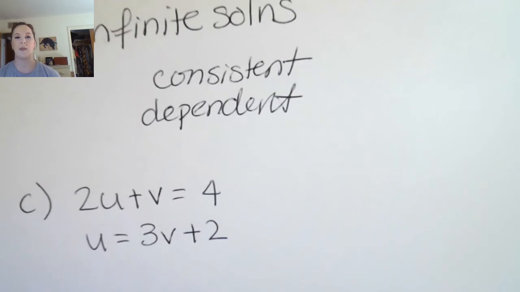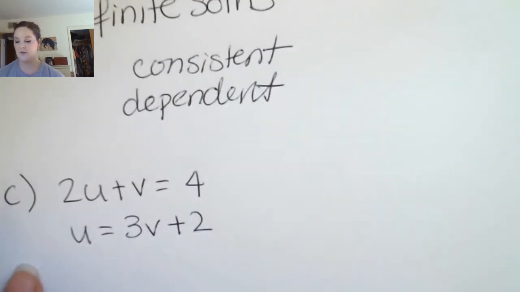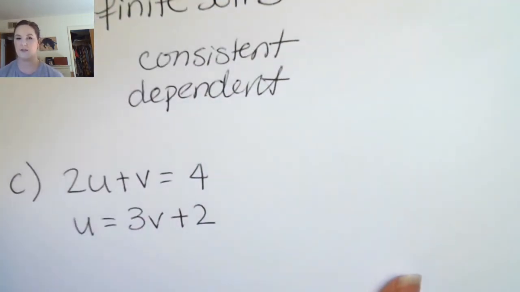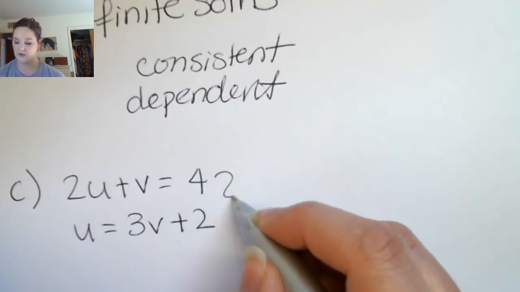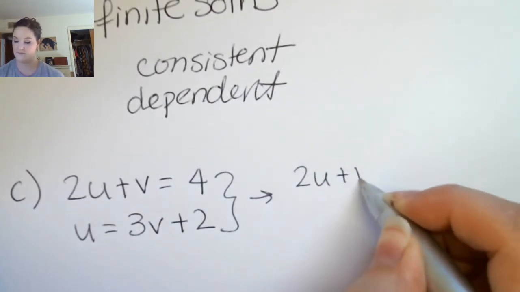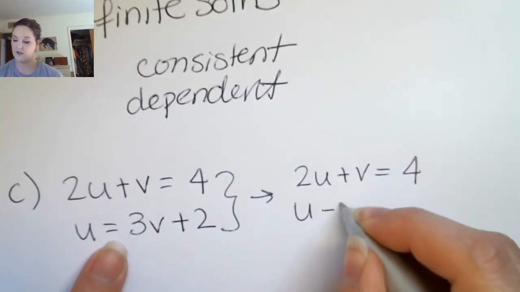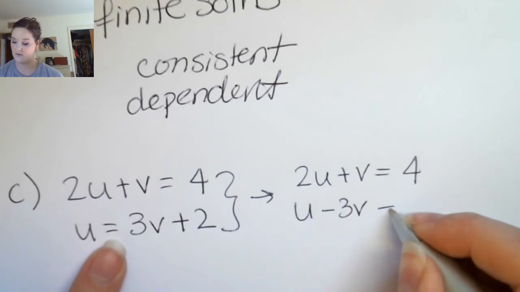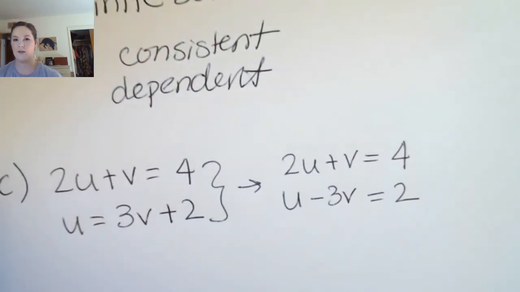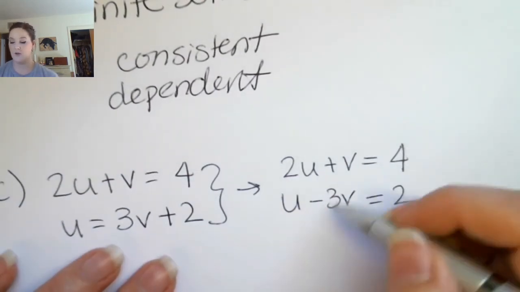Okay, now when you have something like this, you need to put both of them in standard form before you even get started. So here we're going to subtract 3b from both sides. All right. So now we're looking to eliminate. You can either eliminate u or v.